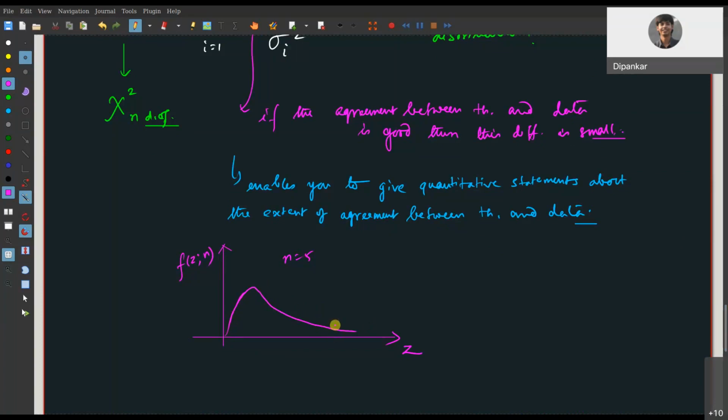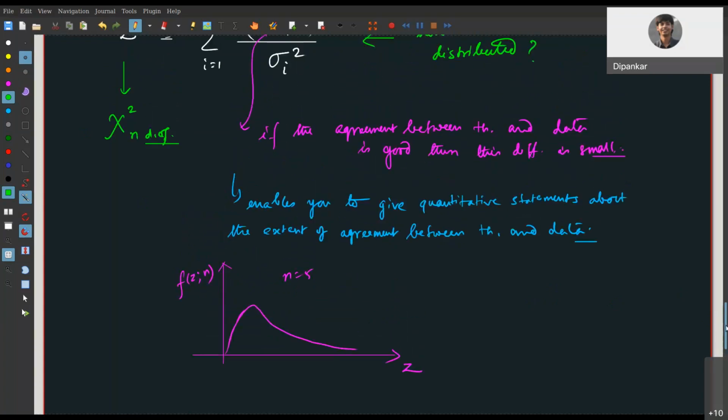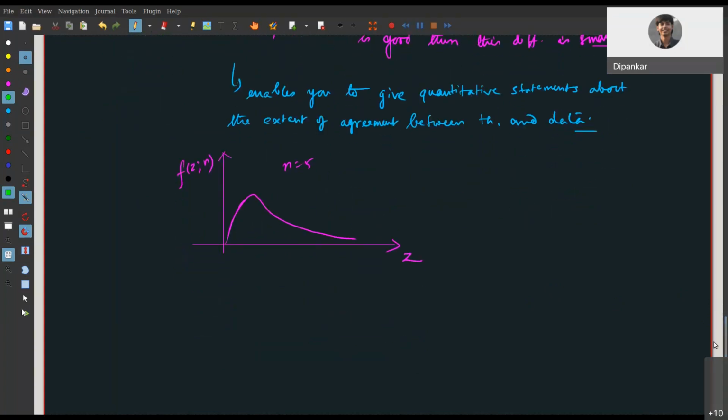Now remember, the area under this distribution is always 1, and I want to make a quantitative statement about the extent of agreement between theory and data. So how do I do that? I choose a cutoff point z0 so that the area from z0 to infinity I call, let's say, alpha.